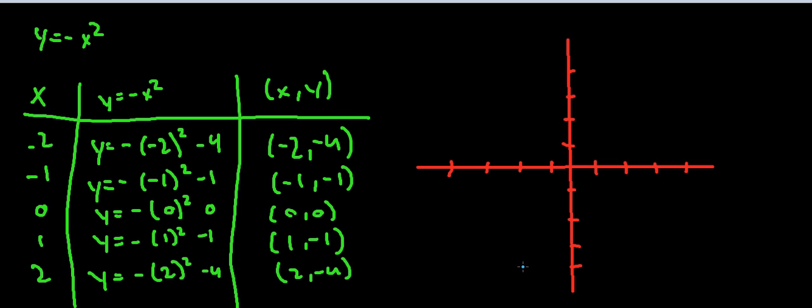That is right here. Second point is -1, -1. Our third point is 0, 0. Our fourth point is 1, -1. And our last point is 2, -4. And there you have it.